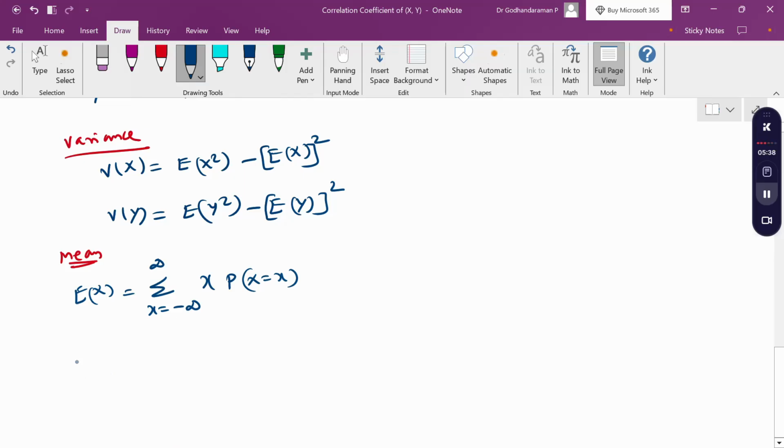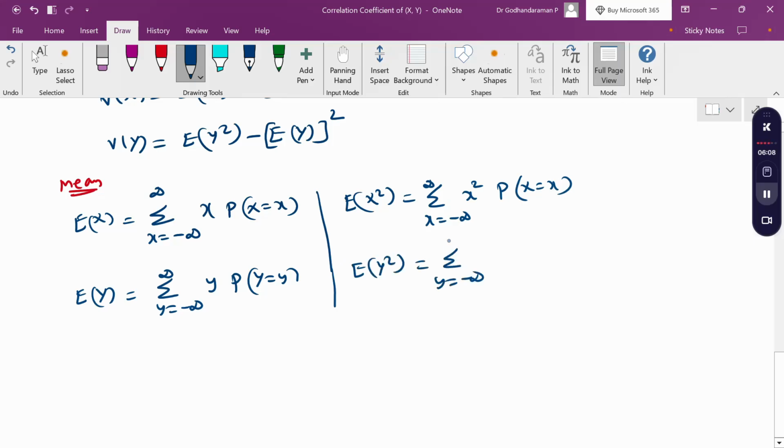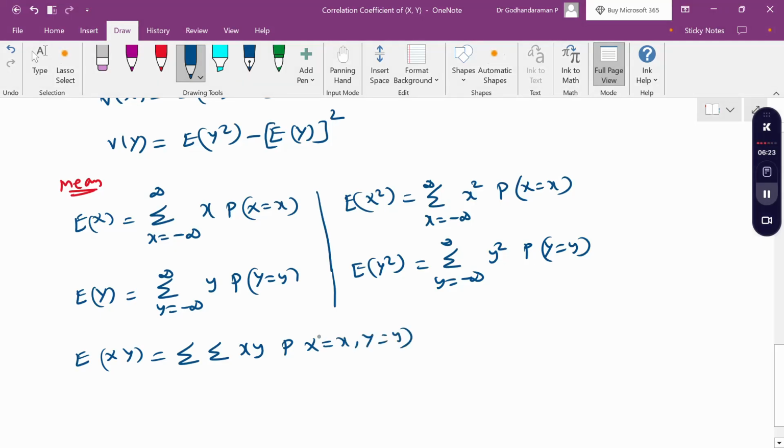Then expectation of Y is the summation of Y times P of Y, and E of X square is the summation of X square times P of X, then E of Y square is the summation of Y square times P of Y. Now expectation of XY is the double summation of x y P of x comma y, with X and Y ranging over all values.